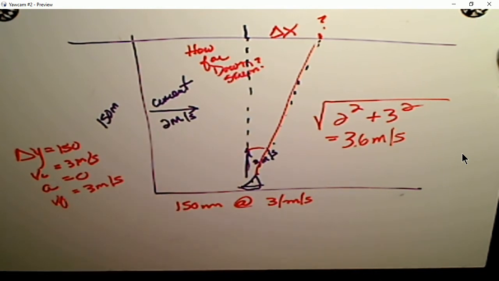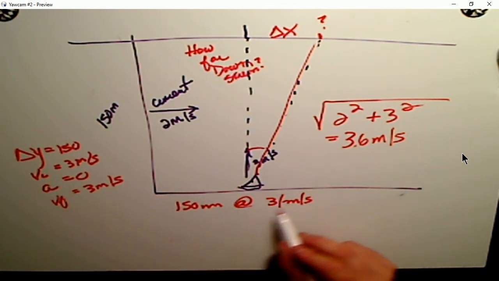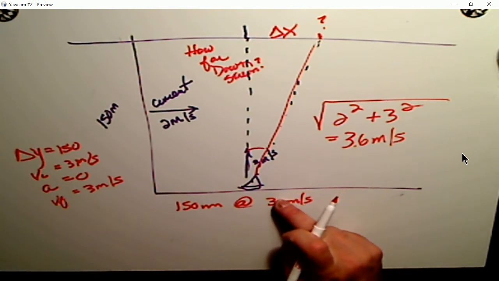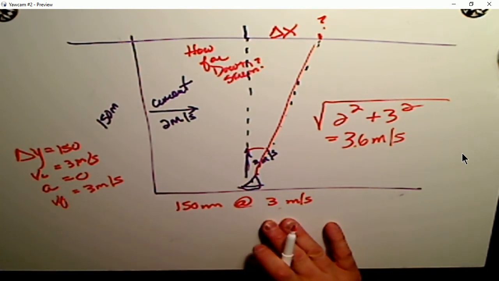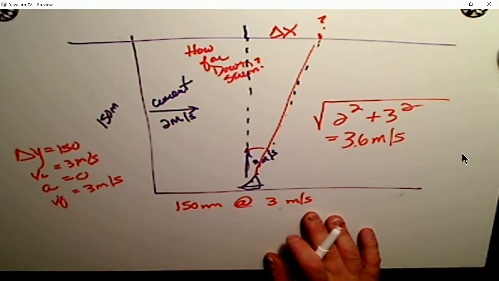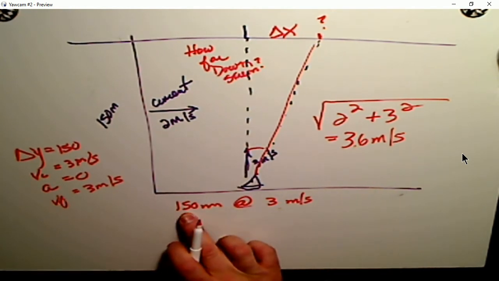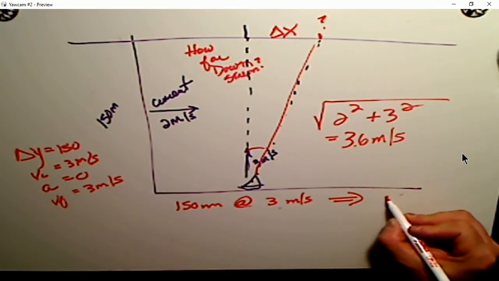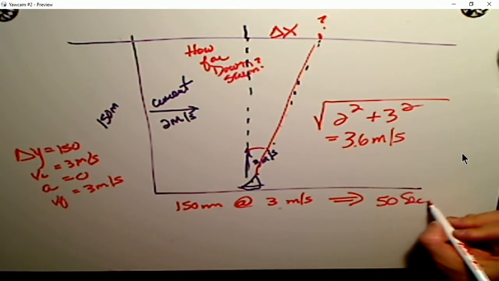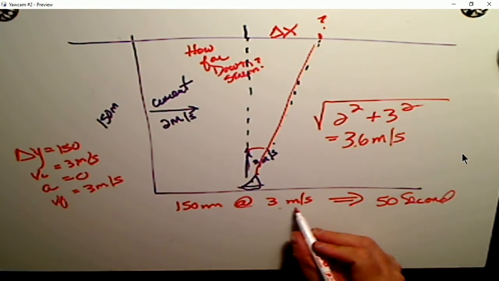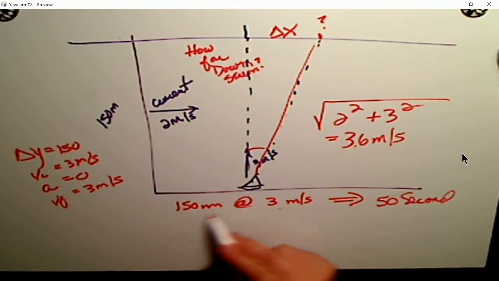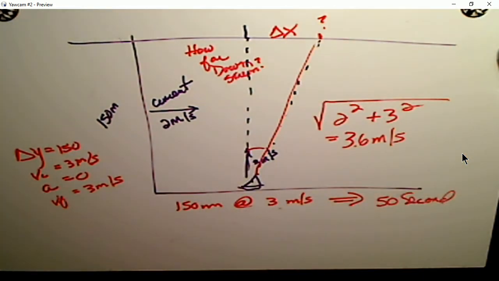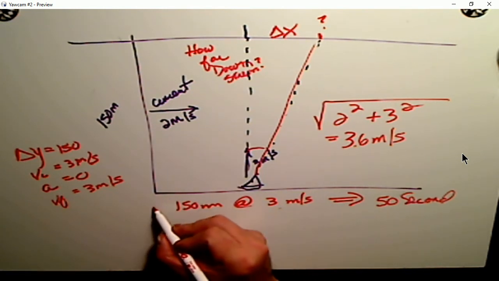Now I can use the kinematic equations, but it becomes fairly easy if you just look at this: at 3 meters per second, I am doing 3 meters for every second, and I have to go 150 meters. Well, that obviously leads to 50 seconds it would take. If I have 50 seconds and I'm going 3 meters every second, that of course will cover the 150 in the y direction. This is in y.